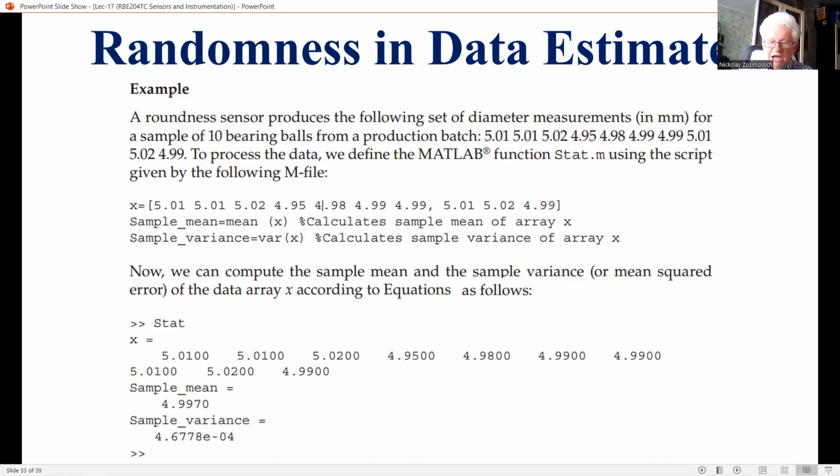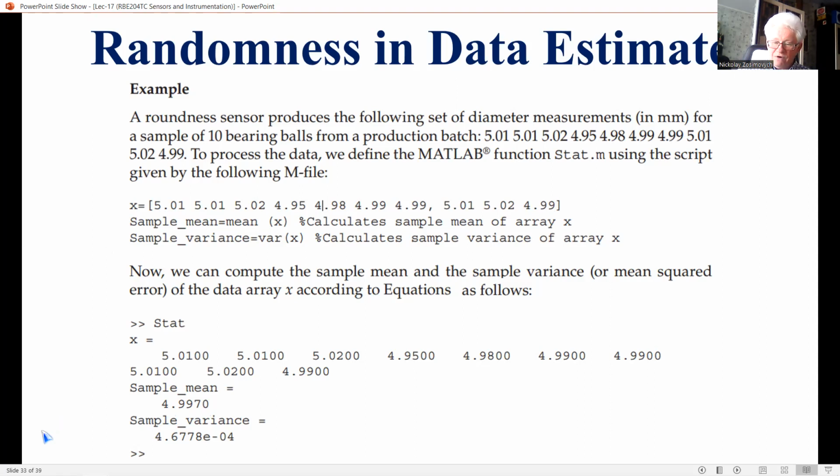You can see this line as x: 5.0, 5.1, 4.9, and so on. To process the data, we define the MATLAB function using the script given by the following m-file, as you may see here on the slide. We may treat the sample mean of 4.997 millimeters as an estimate of the diameter of the batch of balls.